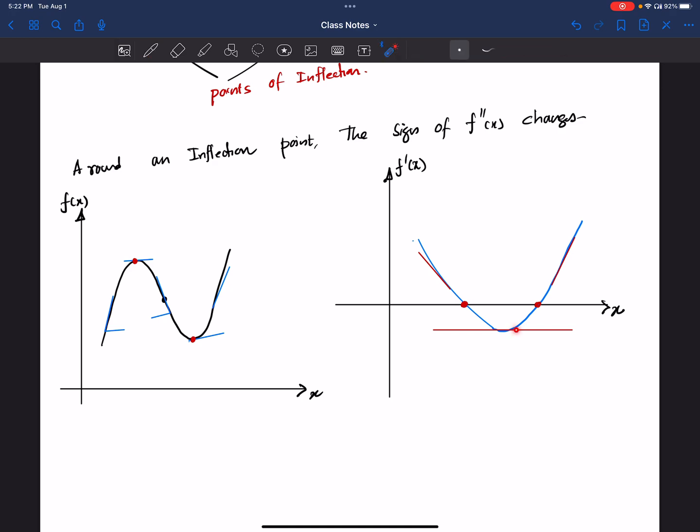And at this point where you have a flat slope, that means 0 slope, that means f double prime of x equals 0 at an inflection point.